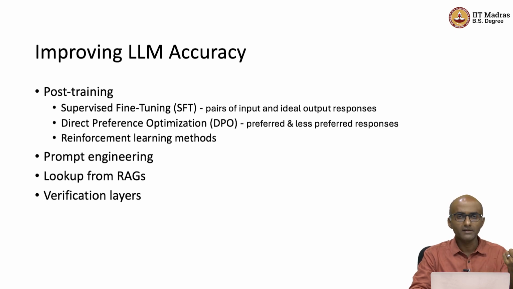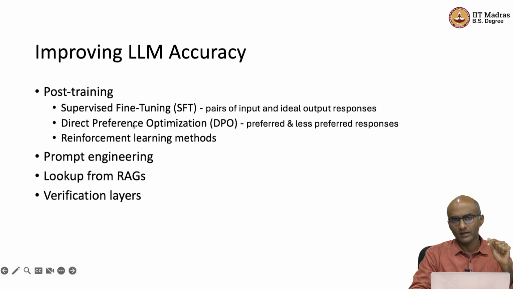The input could be the flower has a long sepal and a narrow petal. So the ideal response is setosa, as an example, right? So this is an input output pair which gives a very specific ideal response, and it gives supervision, so to speak, of what should be the right response for the specific type of input. So these are examples, think of it that way. So that's supervised fine tuning.